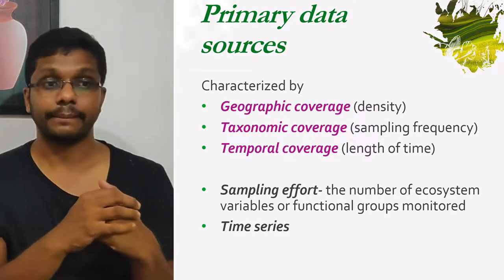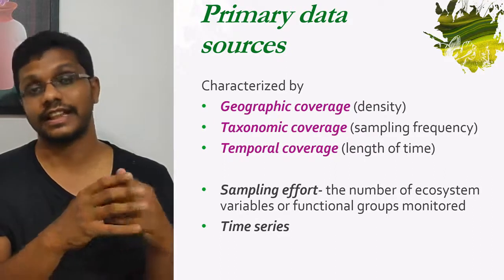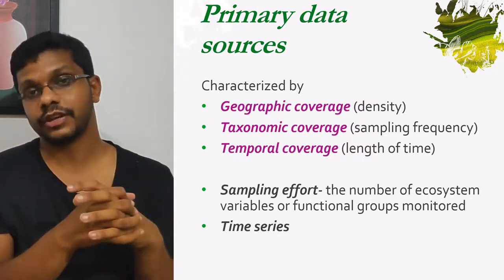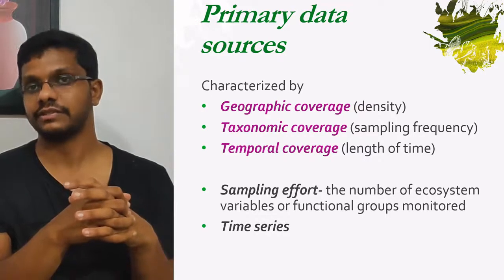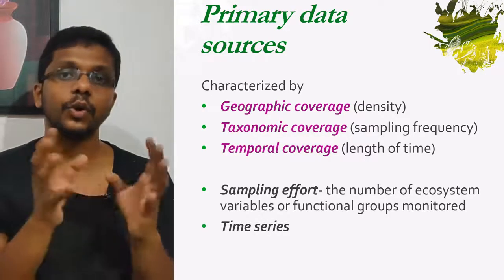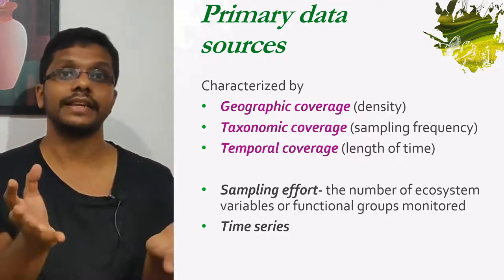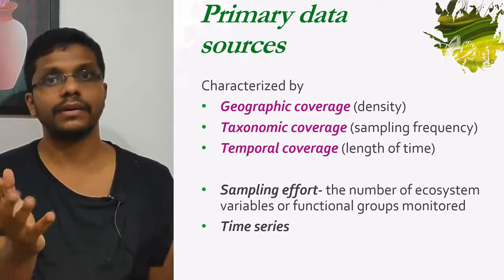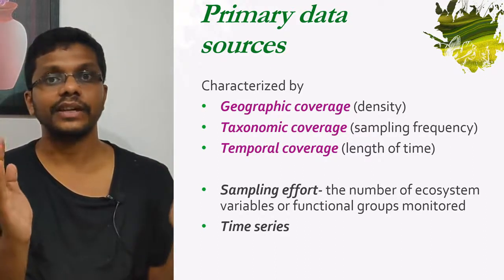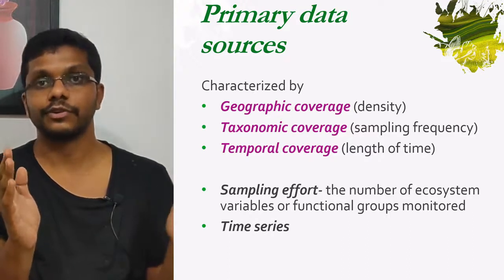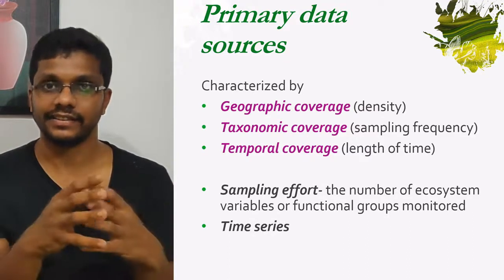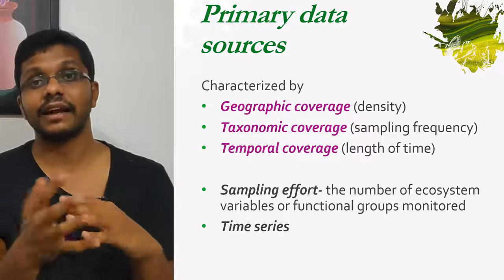And finally, we have the temporal coverage. Temporal coverage means the length of time the study is carried out. If you are doing your study for only one hour, the chance of documenting all the available species in that area is very low. Some of the animals are nocturnal. You can only get data about that animal if you are conducting the study at night. Some of the insects have seasonal variations.